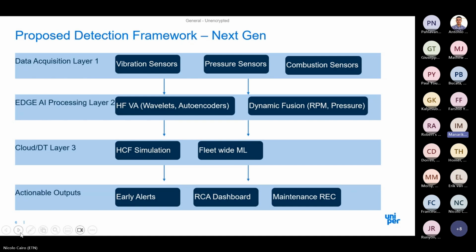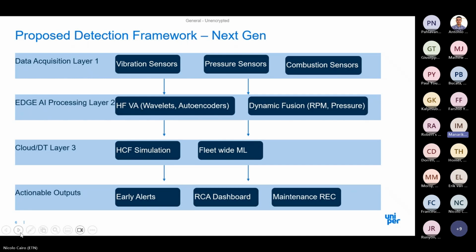And the next stage is the cloud, or we can also say digital twin. This is where the broader context and learning comes in the framework. Once we process the data, it feeds into the cloud and works along with the HCF simulation, which represents a physics-based model layer to simulate stress of the components, life consumption, etc. And then we do a fleet-wide machine learning.